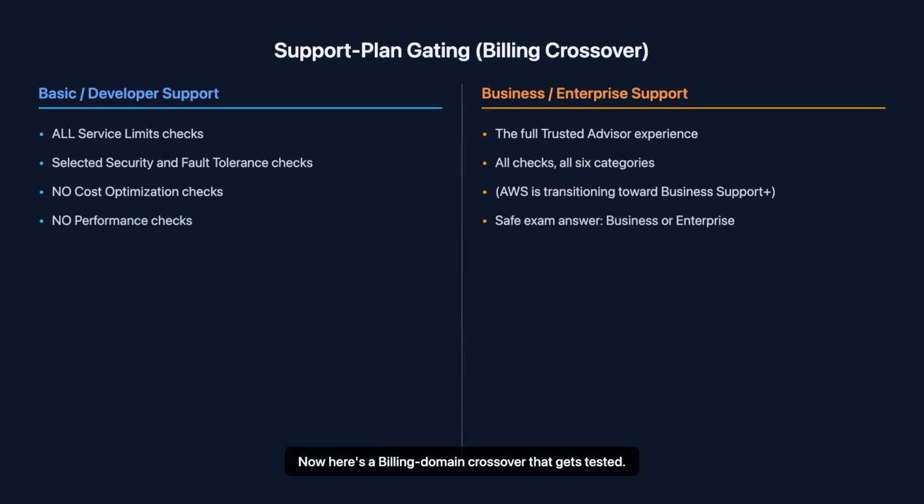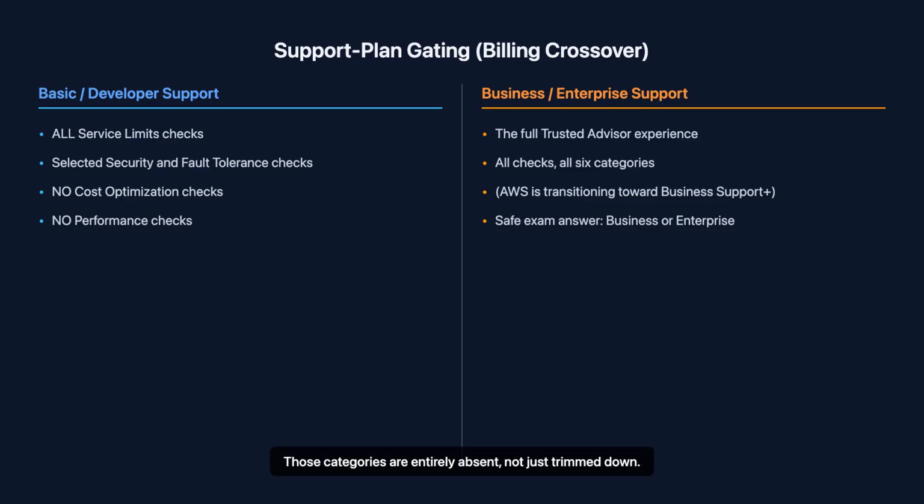Now here's a billing domain crossover that gets tested. Not everyone gets the full Trusted Advisor experience. It depends on your support plan. With Basic or Developer support, you get all of the service limits checks, plus a selected handful of security and fault tolerance checks. But notice what's missing. You get no cost optimization checks and no performance checks at all on those plans.